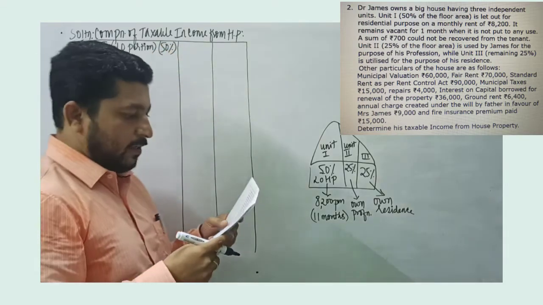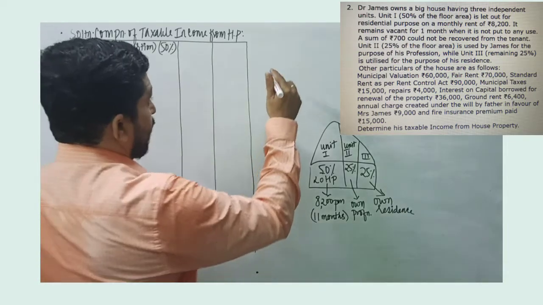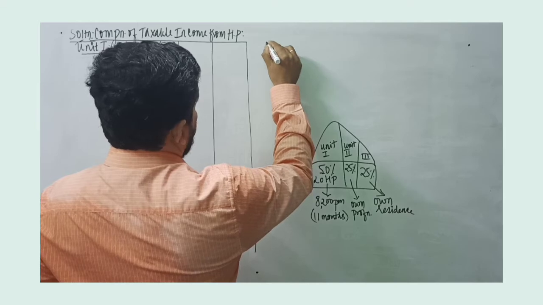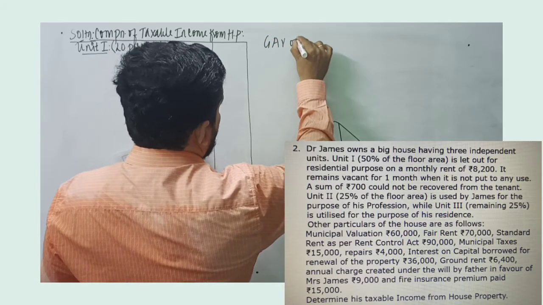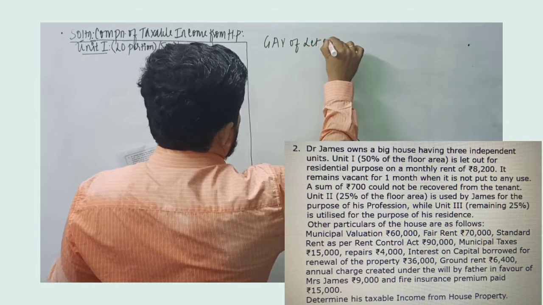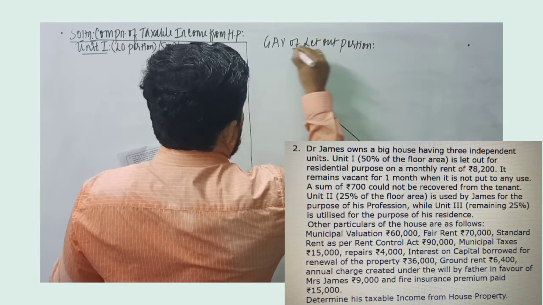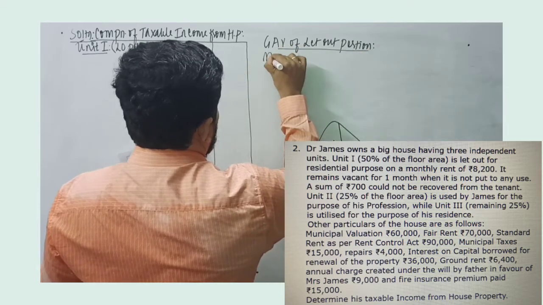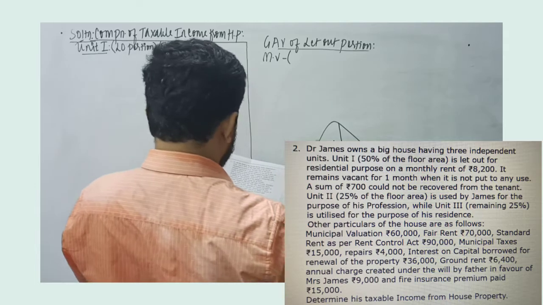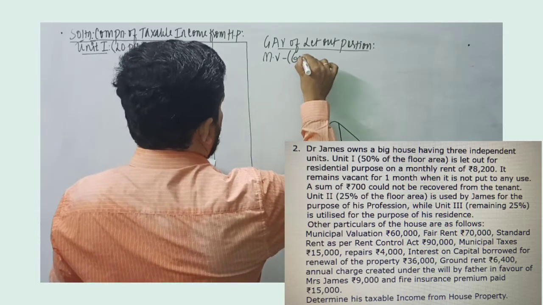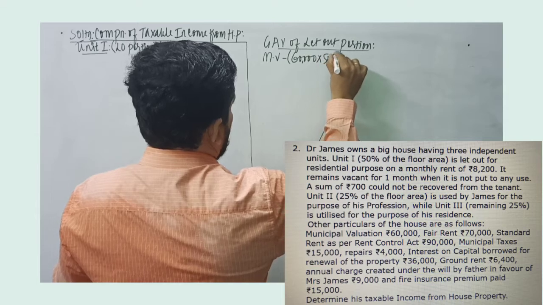So let's look at that. What is given? Municipal value is given. We can calculate the GAV of that particular portion. So I can write a note, GAV of let out portion. We have municipal value. Municipal value given is 60,000. We need to take 50% of that because only 50% portion is let out.